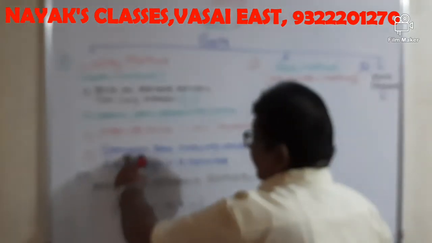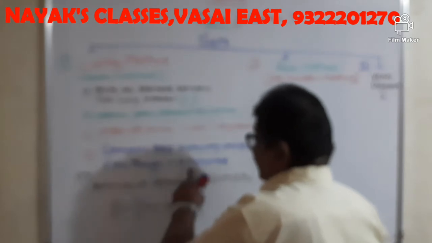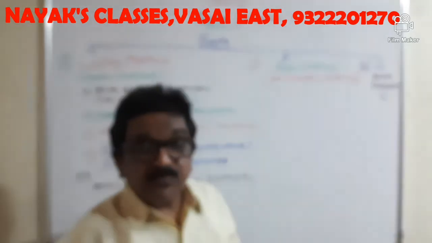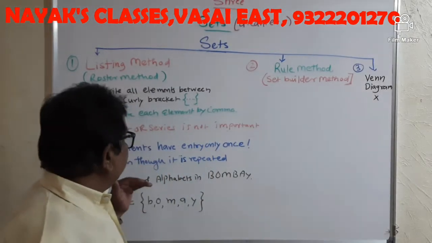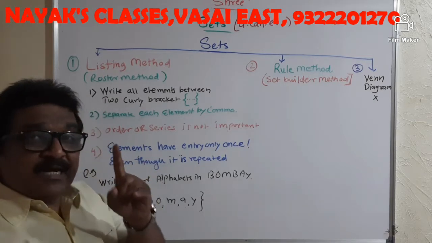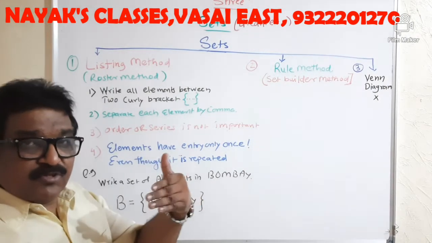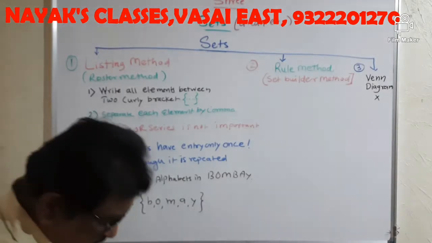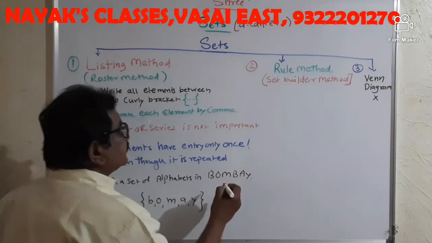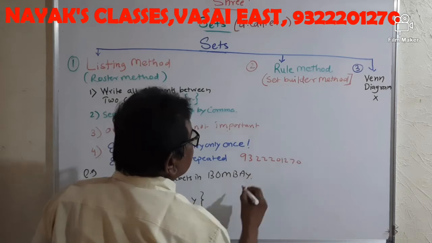Next, elements have an entry only once even though they are repeated. This is very important. Every element will have an entry only once even though it is repeated. For example, my phone number is 9322201270.